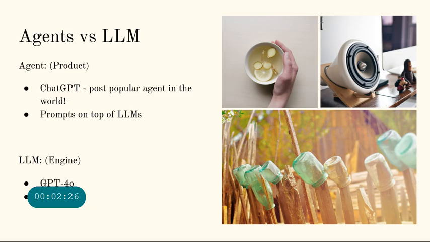So your agent is the interface. It is the product where you can write these prompts, and the prompts can go to the engine and do multiple different things for you behind the scenes to make your life very easy and effective, more efficient, more productive.